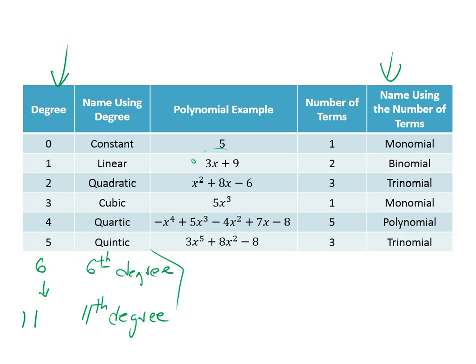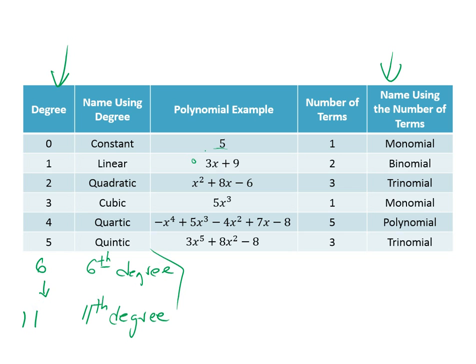Two terms is a binomial. Now the quadratic, you've got three terms, like a tricycle, three wheels, or a tri-tip, three points. That would be a trinomial. So three terms would be a trinomial.